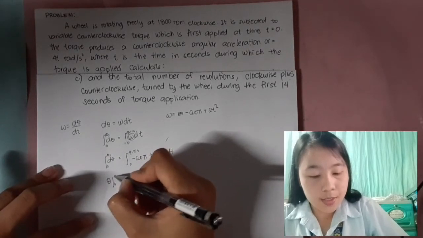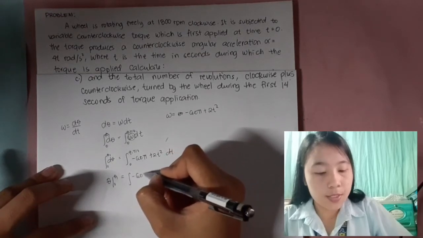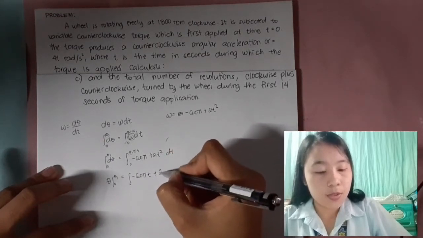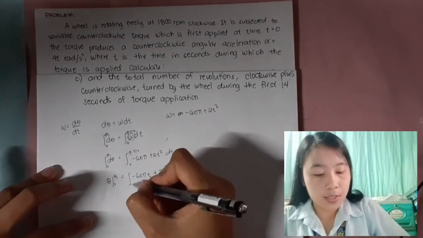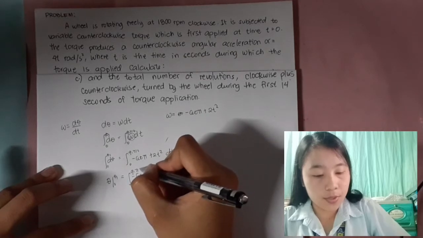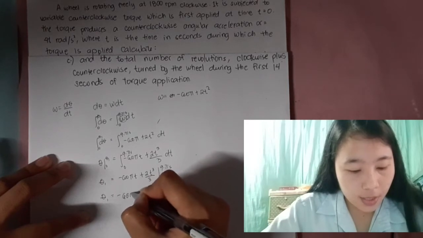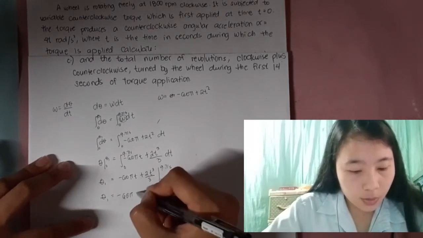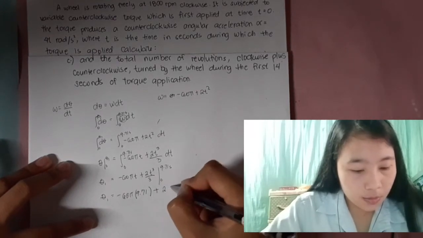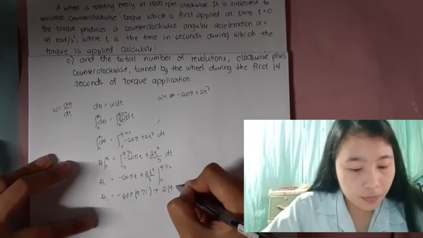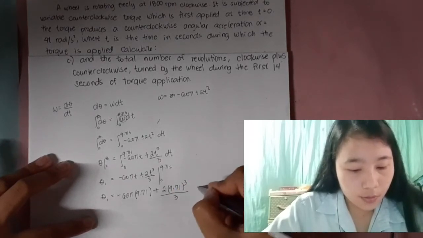Theta 1 is equal to negative 60 pi t plus 20t cubed over 3, from 0 to 9.71. Theta 1 is equal to negative 60 pi times 9.71 plus 20 times 9.71 cubed over 3 minus 0.